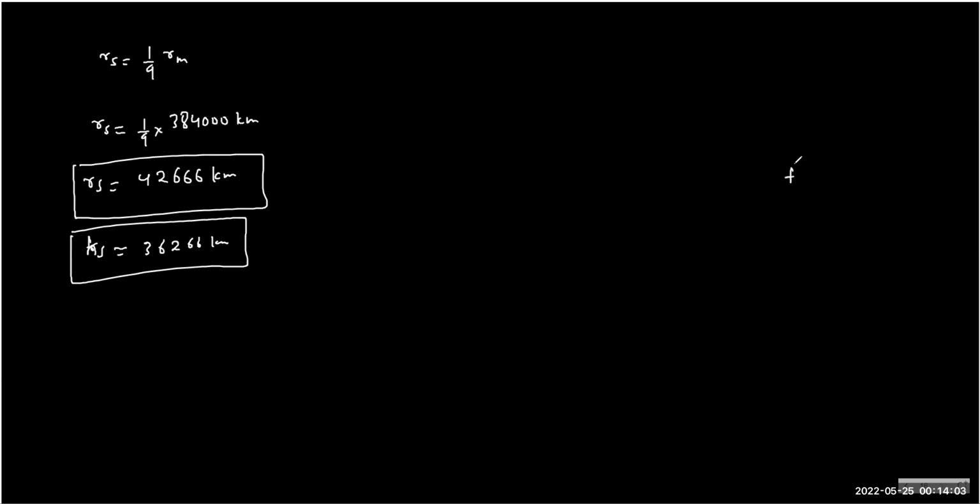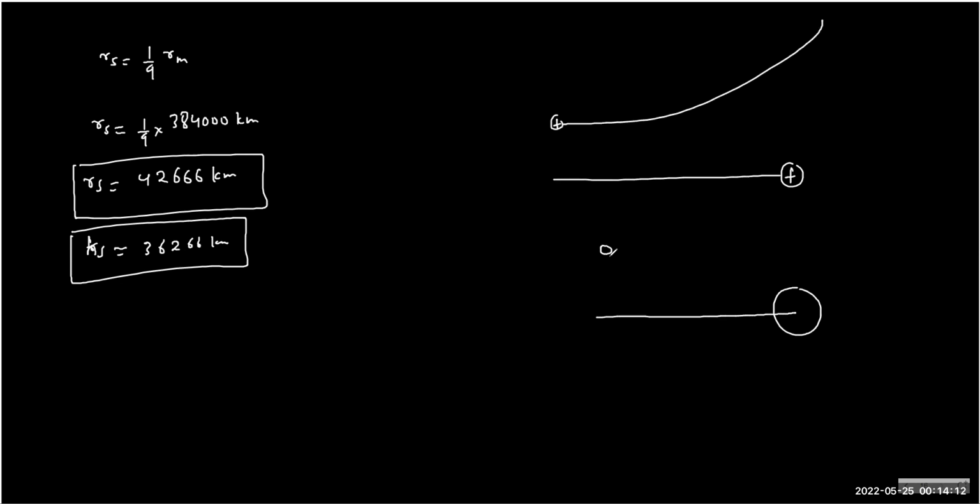In case of a nucleus, if you throw a positive charge, it will go like this. In gravity, if this is a planet and you throw some object, it will go this way. So this is the minimum distance, and this is called the aiming parameter b. So this kind of question will come in gravitation anyway.